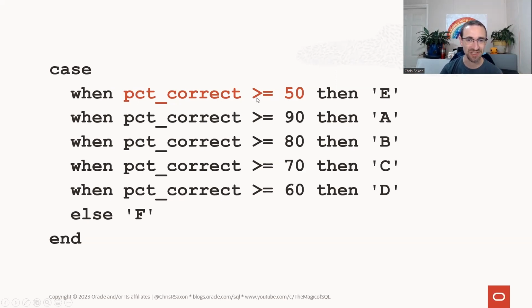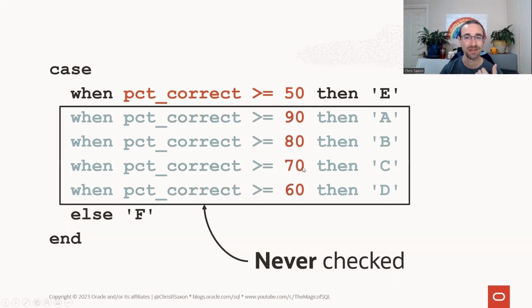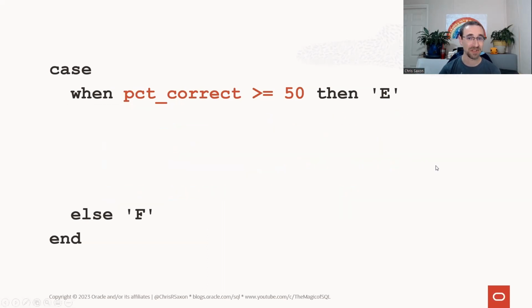So any percentages greater than 50 are going to get assigned the letter E, and none of the rest of those conditions are checked at all. Essentially, instead of assigning all the letters A through to F, we've really just assigned E or F, rather than A, B, C, D, and so on.